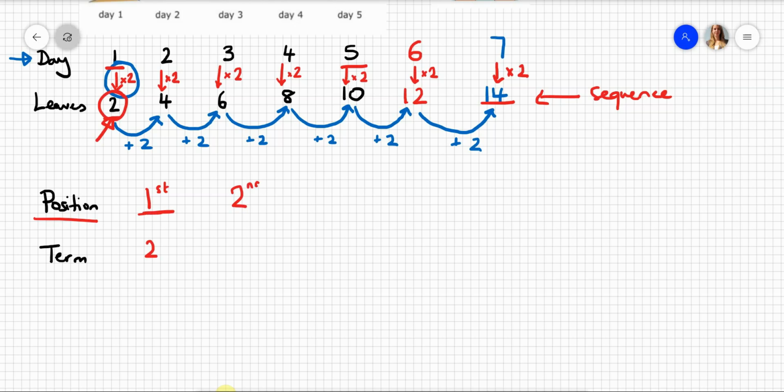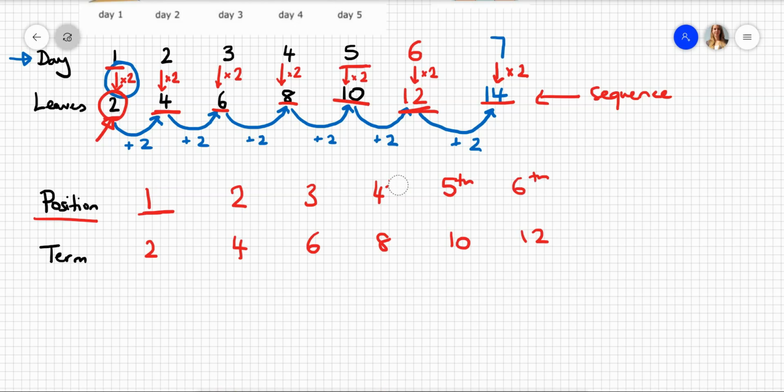The second term was 4. The third term was 6. The fourth term, 8. Fifth term is 10. And the sixth term was 12. Now we don't actually need to write first, second, third.